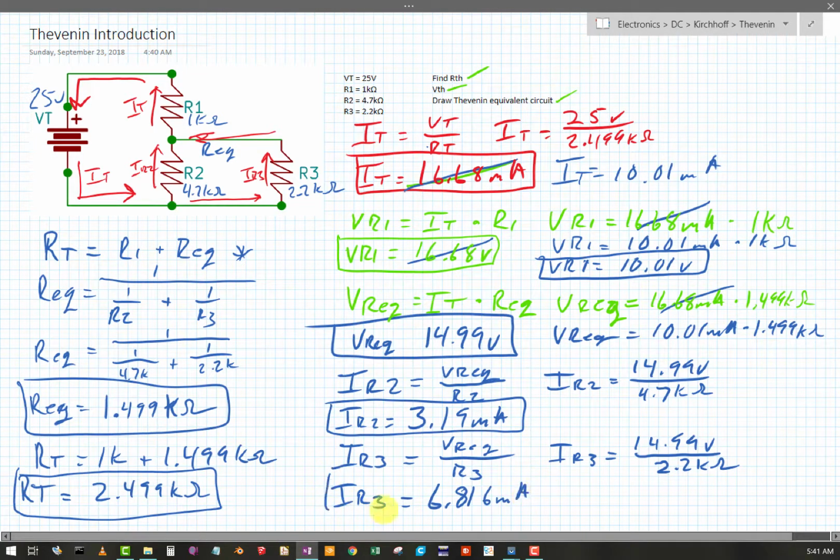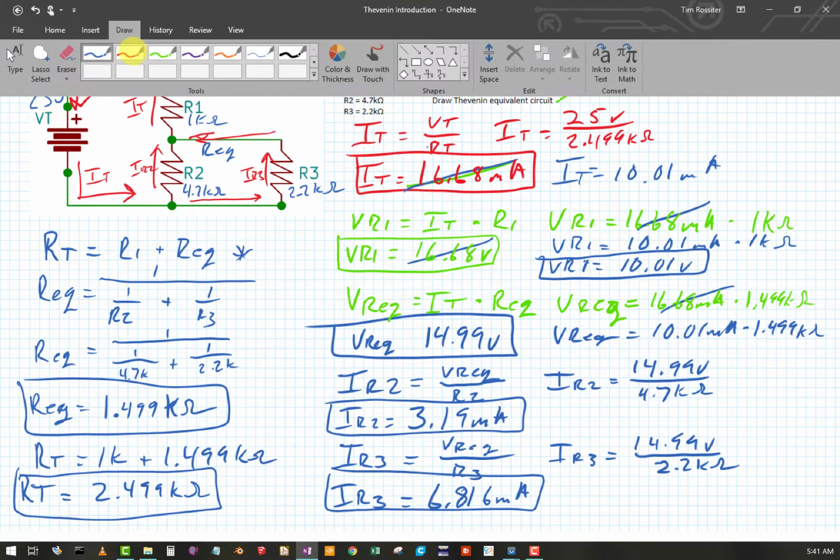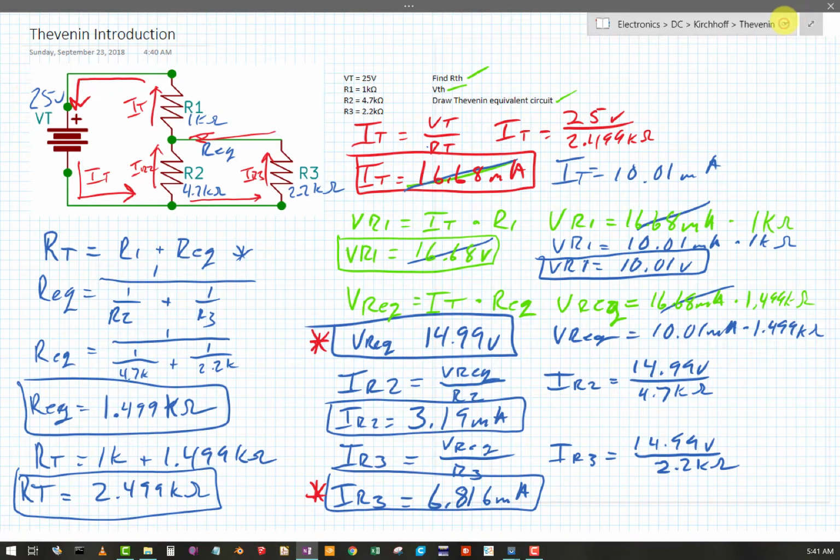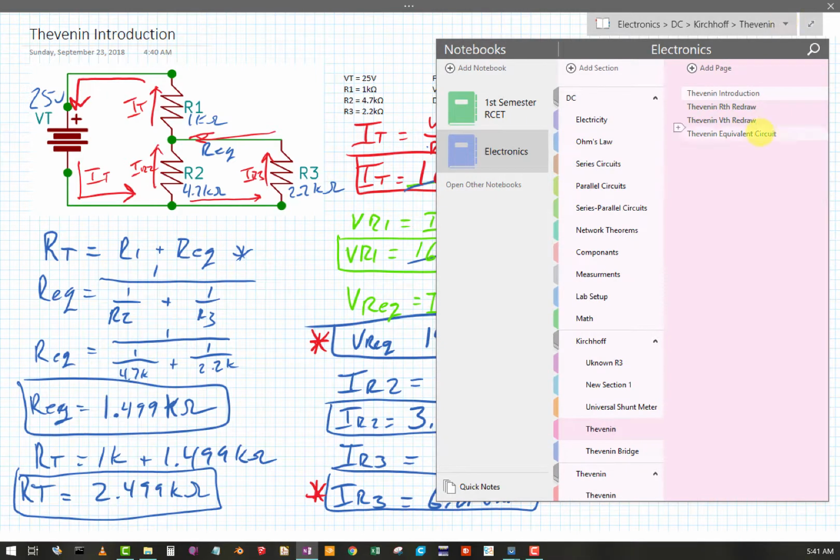milliamps. Now remember, let's come in here with a brighter color. So that's the voltage. I just solved this whole thing using standard Ohm's law and parallel techniques. Here's the voltage and the current of R3. Now let's compare that. We did Thevenin analysis before.